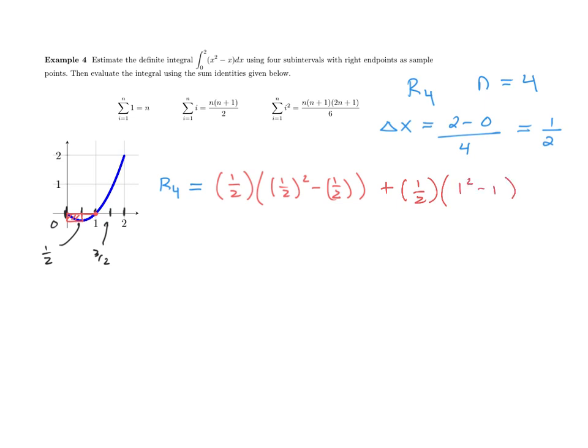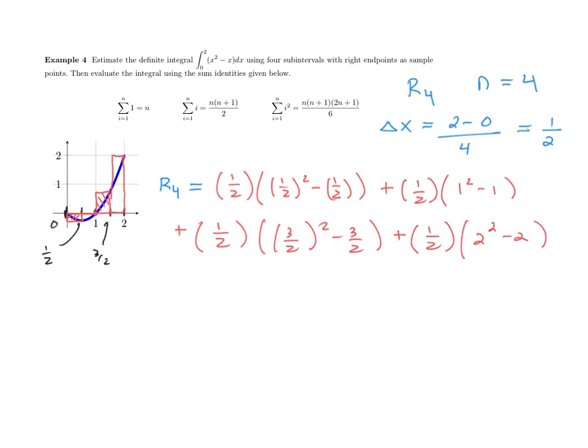Okay, for the next one, we're going to use 3 halves as the right endpoint. So it's going to be 3 halves squared minus 3 halves. That's this area here. And then lastly, we're going to have the base of a half and a height of 2 when put into this function. We get 2 squared minus 2.